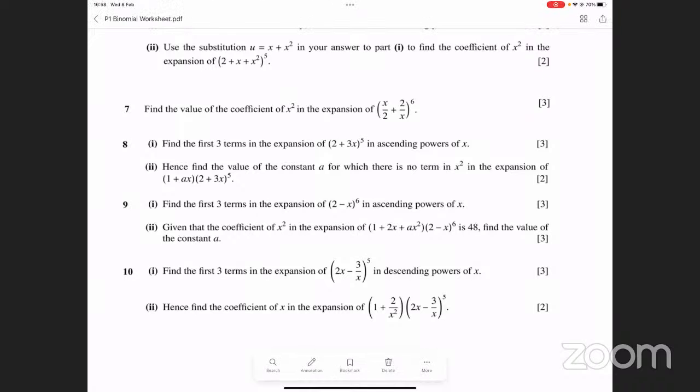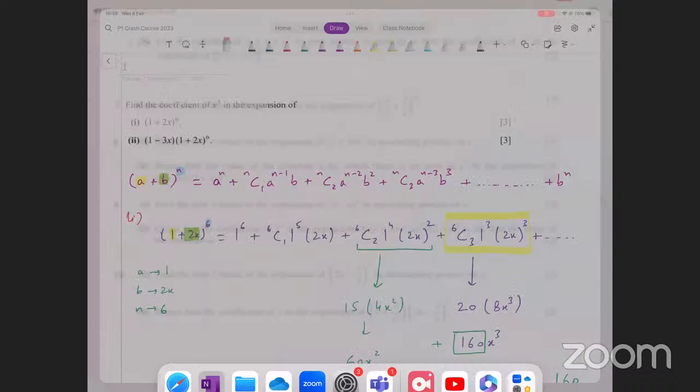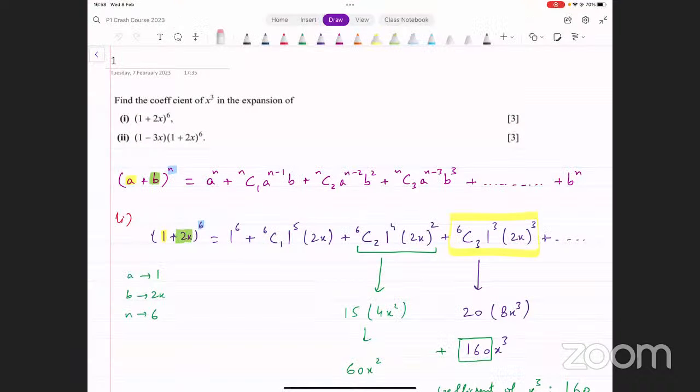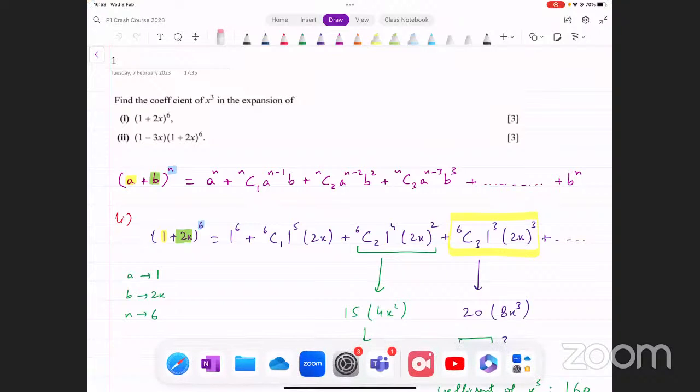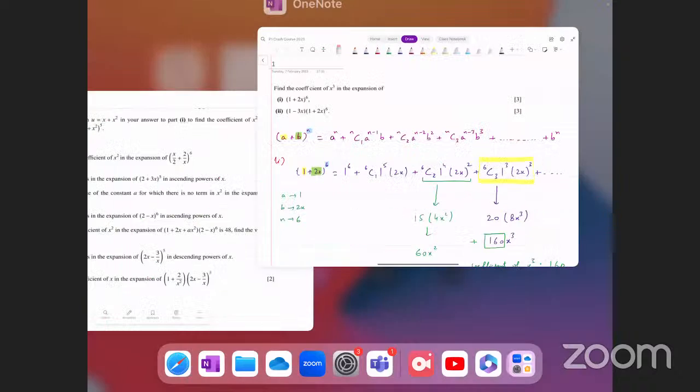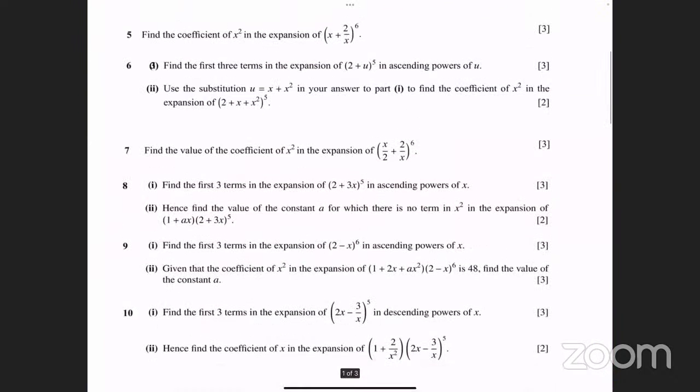But today, the focus is going to be how to find specific terms in a binomial expansion. That is what we are going to focus on in this particular class. Now we'll do that with the help of an example.